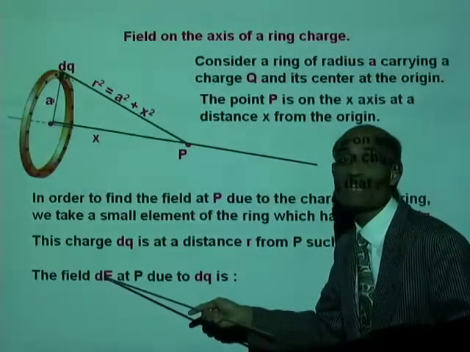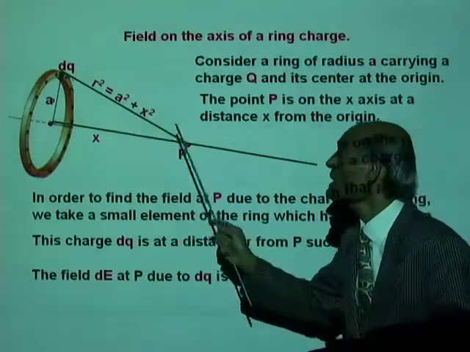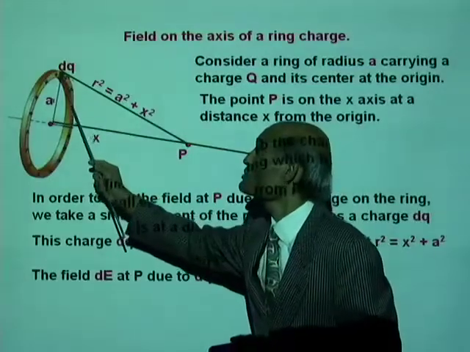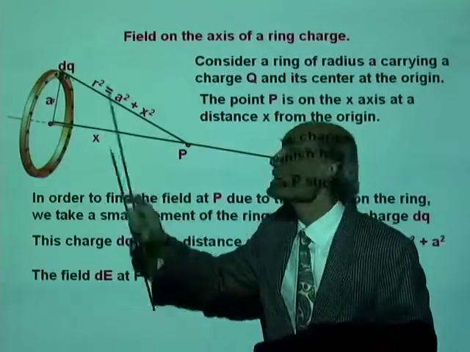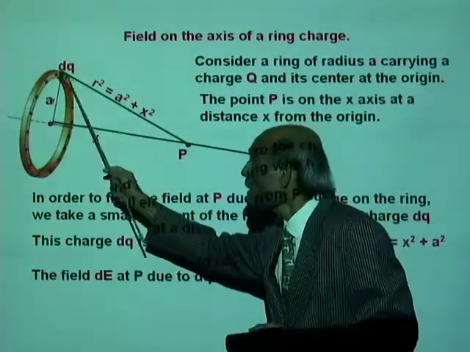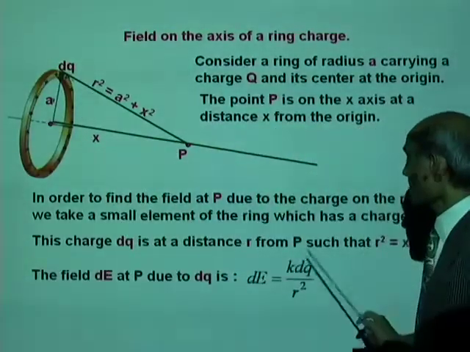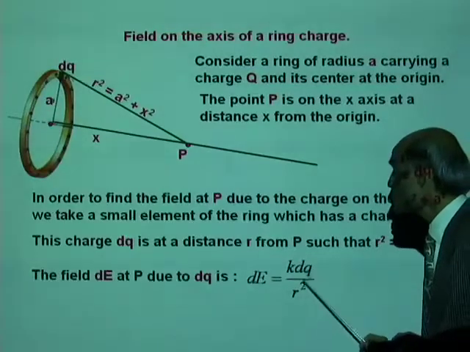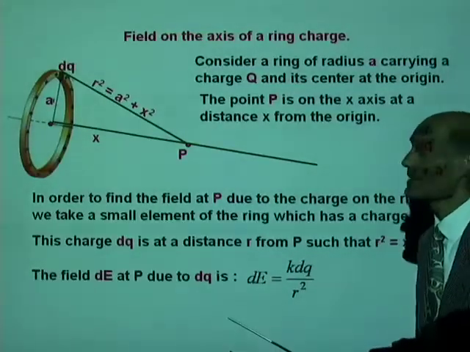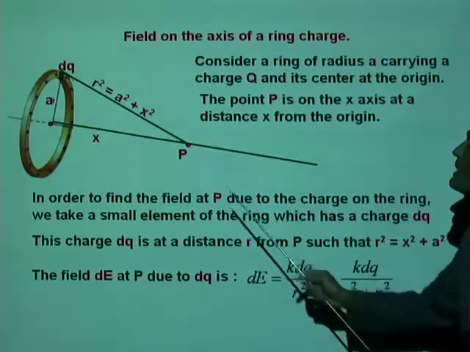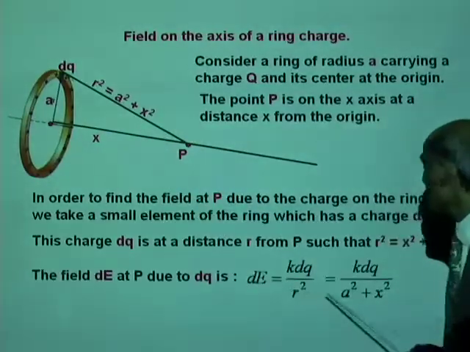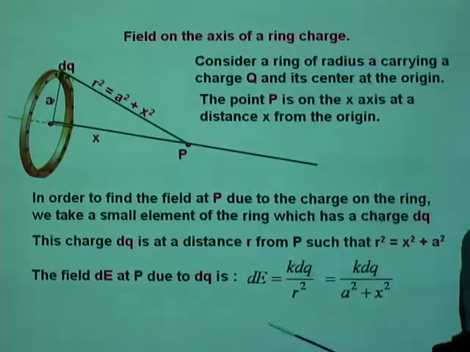Therefore, the field dE at P due to this charge dq will be, what's the equation? It will be k dq over r squared. That's right. k dq over r squared, which is k dq over (a squared plus x squared).